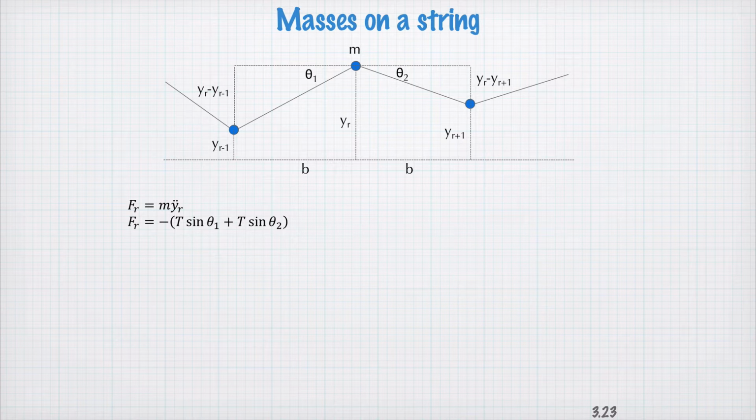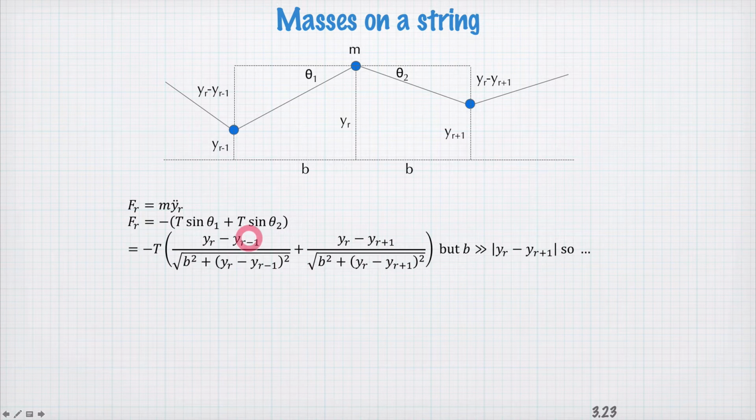Now, we can re-express sine theta 1 and sine theta 2 in terms of the opposite divided by the hypotenuse. So we just use geometry to re-express sine theta 1 and sine theta 2 in terms of these triangles here. Now we recognize that the distance b is much greater than the difference in height between the masses. So we're thinking about small oscillations compared to the distance between the masses. And this allows us to eliminate the difference in heights here.